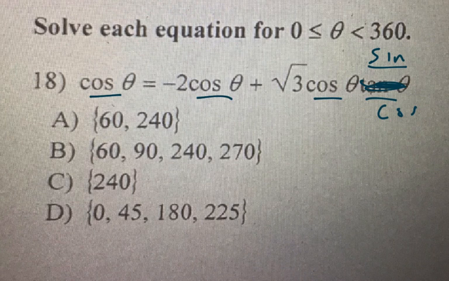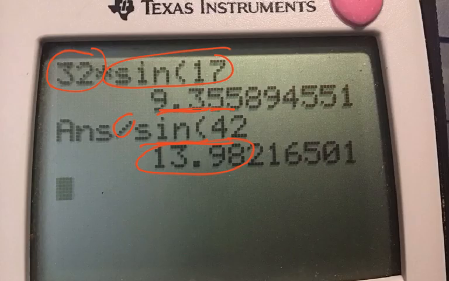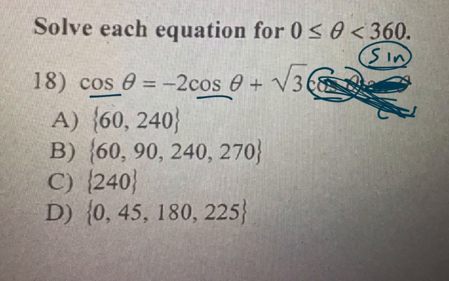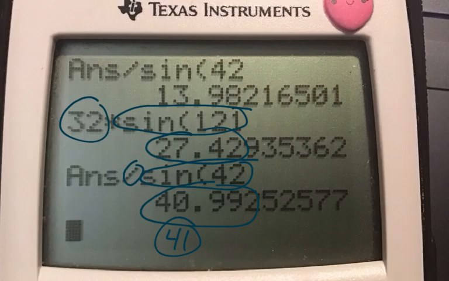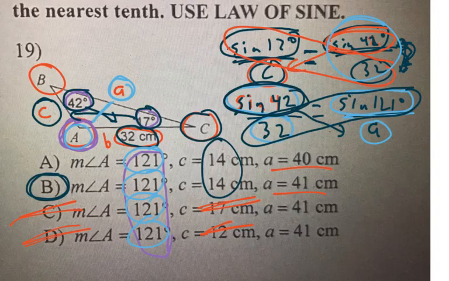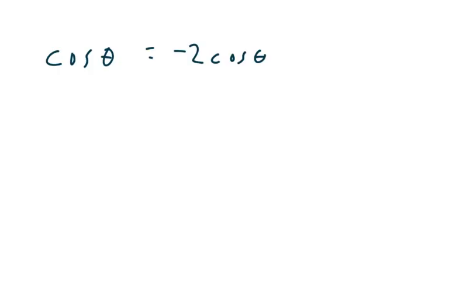So that means if I multiply this cosine with this tangent here, which is sine over cosine, the cosines cancel, and what I really have is cosine theta equal to negative 2 cosine theta, right? Square root of 3 sine plus square root of 3 sine theta.